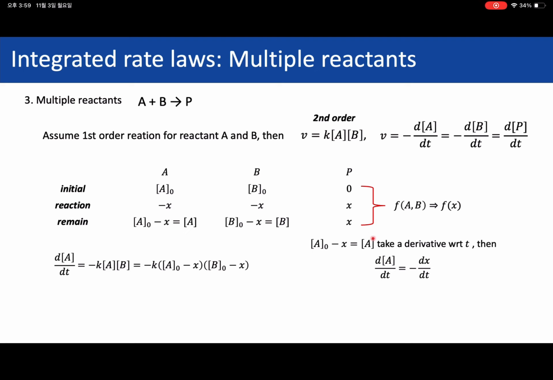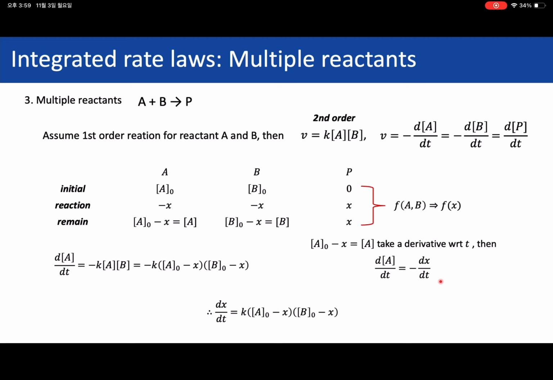A can be written as A0 minus X, and if we take the derivative with respect to t, and as I said, this X is a function of t, so it's dX over dt. A0 is the initial concentration, which is a constant, so this becomes 0 when we take the derivative with respect to t. Because there is a negative sign in front of this X, dA over dt is negative dX over dt.